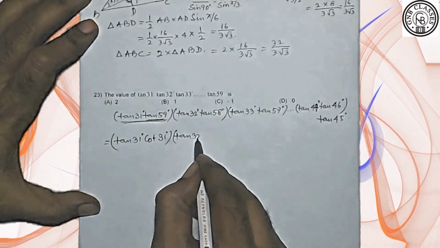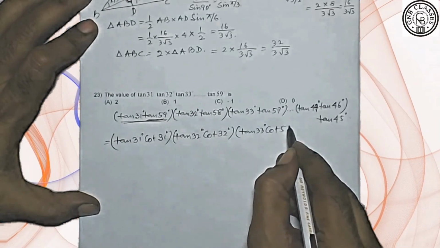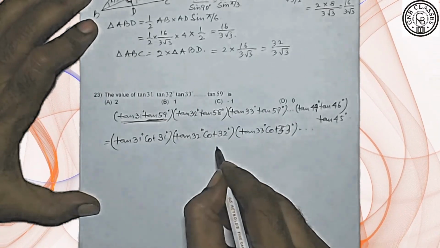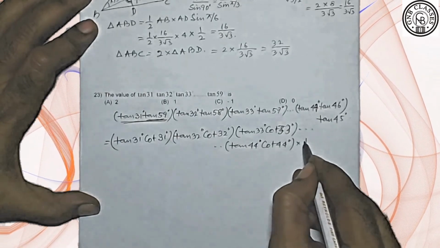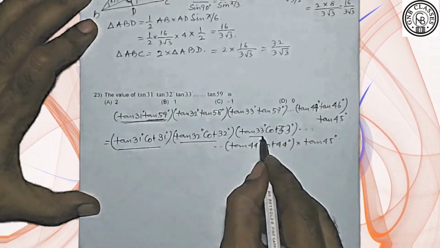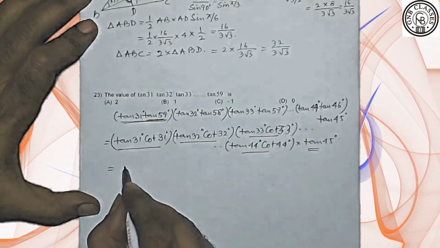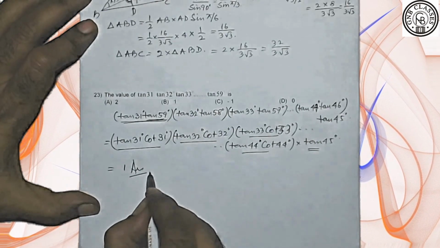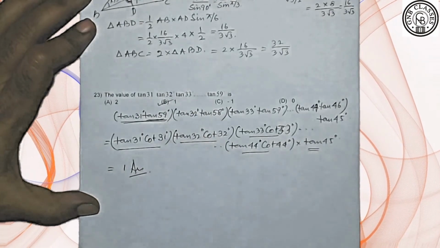Similarly for the other pairs, and tan 45 is there. So every term in the brackets equals 1, as well as tan 45 is also 1. So your ultimate answer is 1. Hence option B is correct. Have you understood the problem?